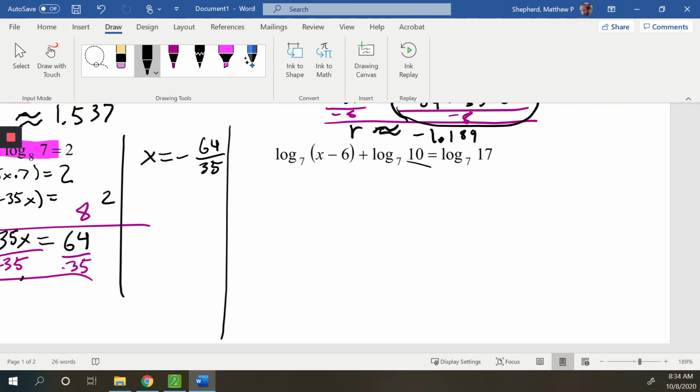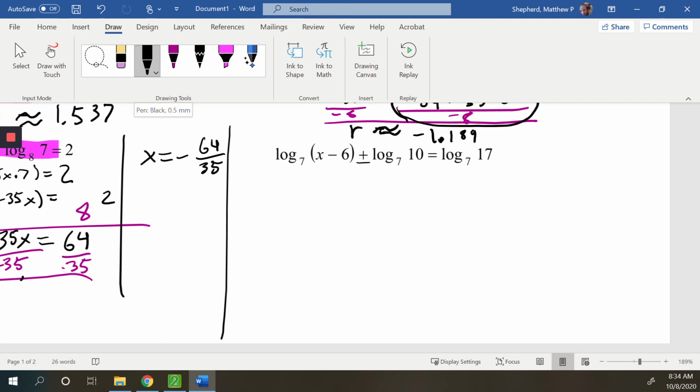All right, so once again, we've got several different log statements here. I need to combine them. I just need one log statement on one side and one log statement on the other. I can't be mixing them, otherwise this inverse isn't going to work properly. So let's go ahead and combine these two.